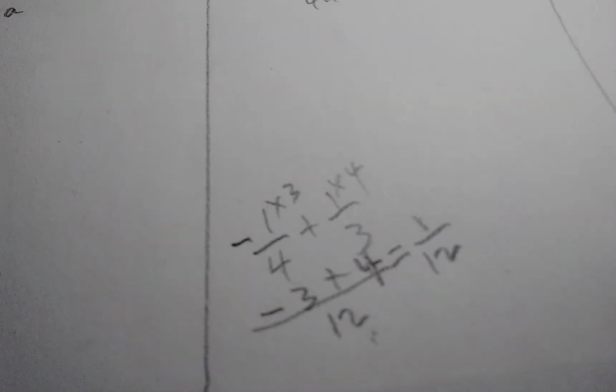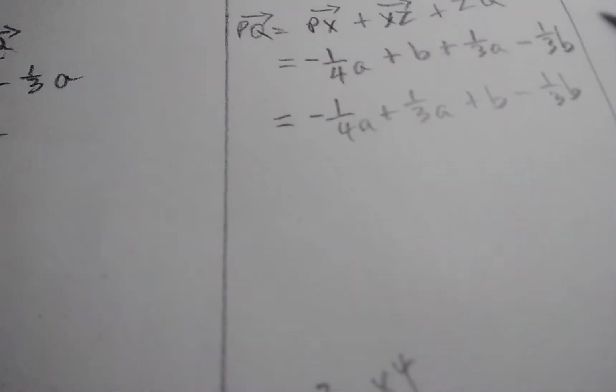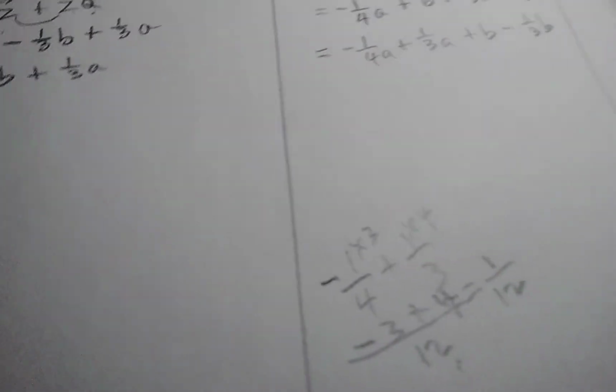Now we see it's not focusing. Okay, I'm trying to hold the device while I'm teaching. So the A would be 1/12 A, and of course a third from 1 will give you a positive 2/3 B.